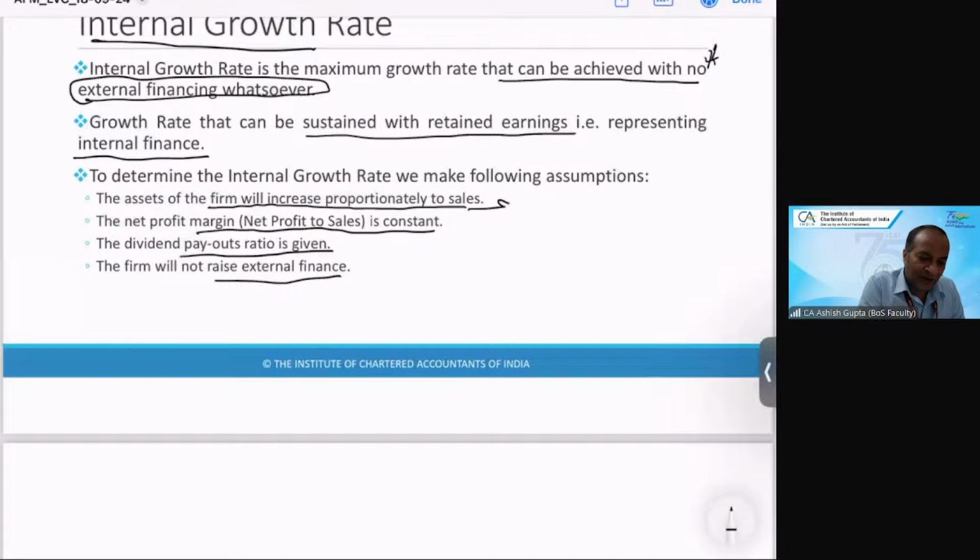It is of prime importance that assets increase in proportion to sales, because as sales increase, assets increase, and more funds are reinvested, using internal funds. Dividend payout ratio is generally indicated by D, so retained earning is indicated by 1 minus D.